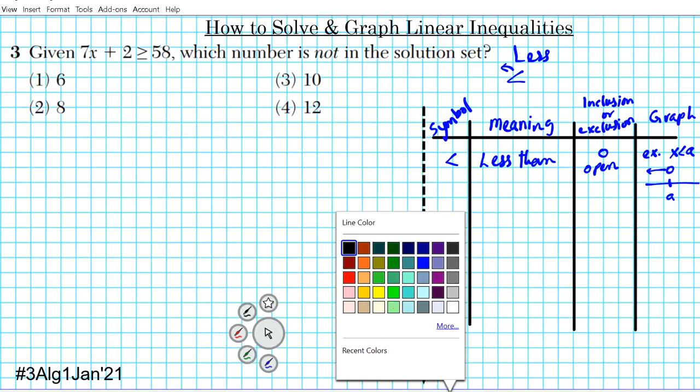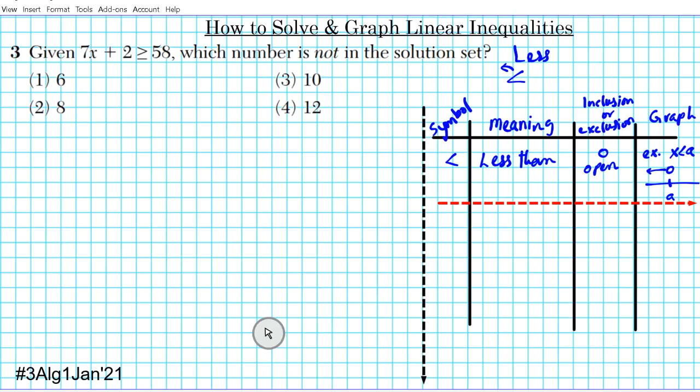Now let's take a look at greater than. Less than points this way, just like an L; greater than points the opposite direction, of course. This is the symbol for greater than. If it's just the greater than symbol, it's excluded.